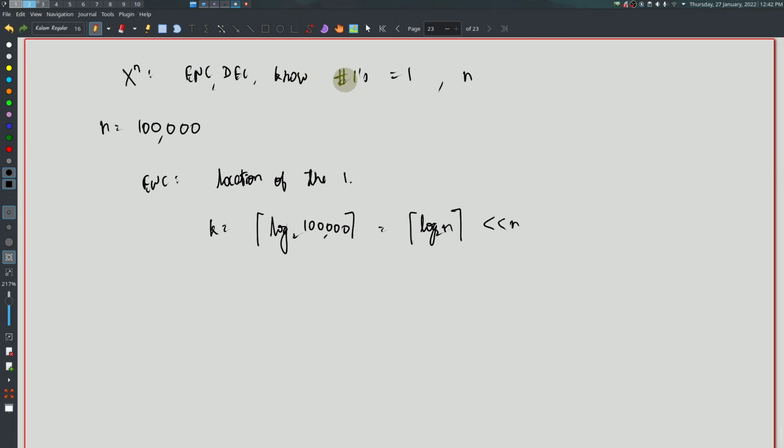Okay, so in this case, the encoder and the decoder know that the number of ones is exactly equal to 1, correct? So now let's again try to extend this a little bit. Let us assume that this property holds with very, very high probability. The probability that the number of ones in xn is greater than 1 is maybe less than or equal to 10 to the minus 3 or something like that.